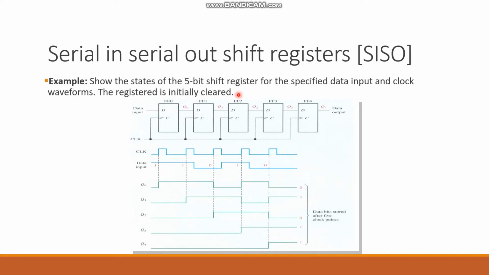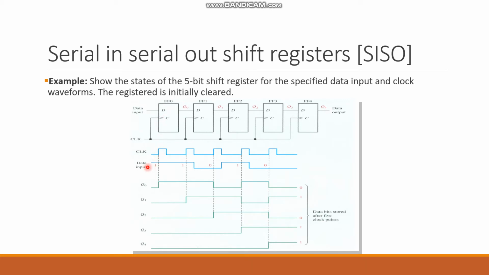That means they are all clear. Look, here: 0, 0, 0, 0, 0. Q0, Q1, Q2, Q3, Q4. Whenever this clock pulse is applied, it is applied to all the flip-flops. Here the clock pulse is positive edge triggered.